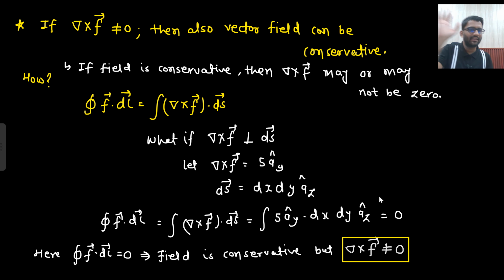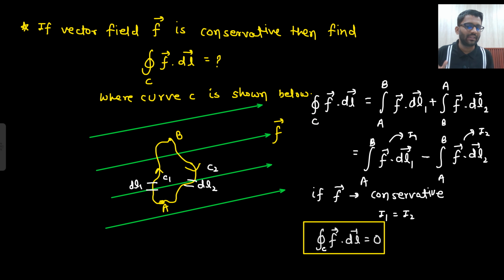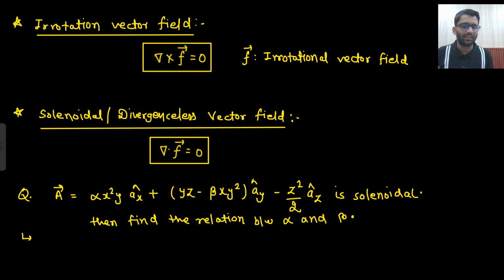Very easy statement. Just one thing you need to remember, that it would be path independent. If it is path independent, then closed line integration will be 0. If closed line integration is 0, then it's not necessary that del cross f has to be 0 as well. But if del cross f is 0, then certainly your closed line integration will be 0. So this is the summary of everything that we have studied till now. In the past 10 minutes, this is what we have studied. I hope it is crystal clear to you, right? Let's move to the next simple things.